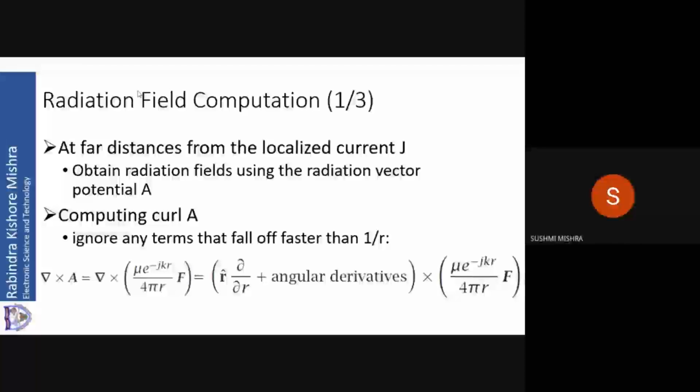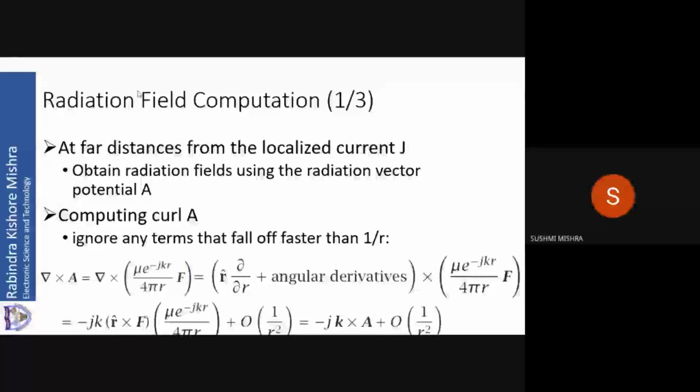Then cross A. For A, I am writing the explicit form. Now remember, this A is the radiation potential. Now this I can also write as minus jk r cap cross F into mu e to the power minus jkr by 4 pi r, which will be the first term. How am I getting this?